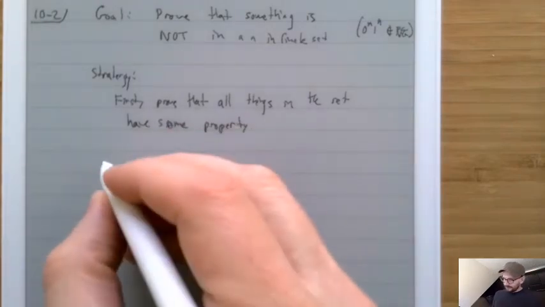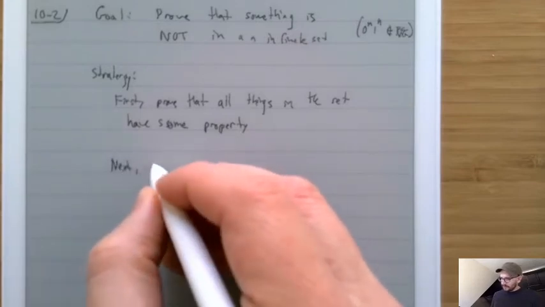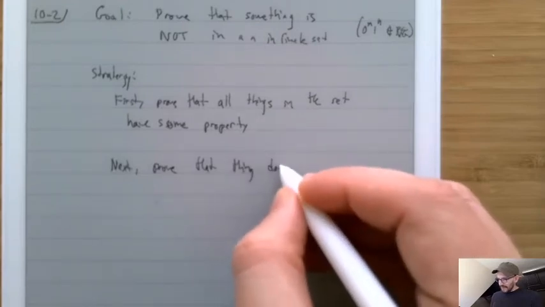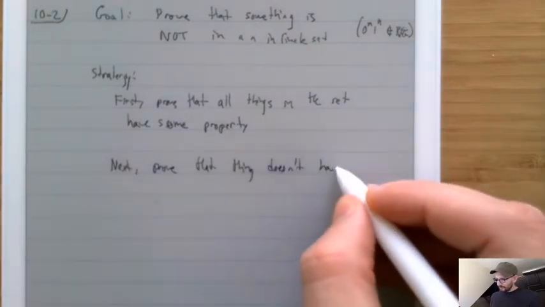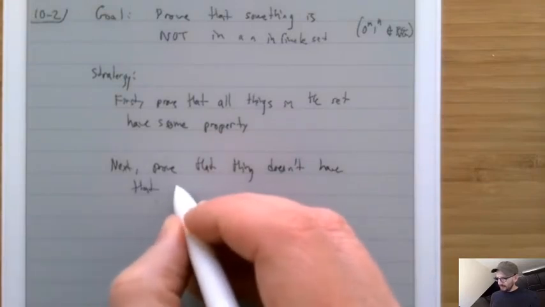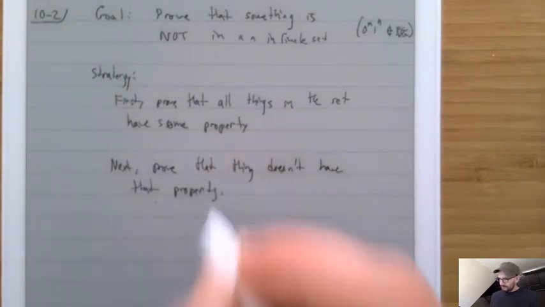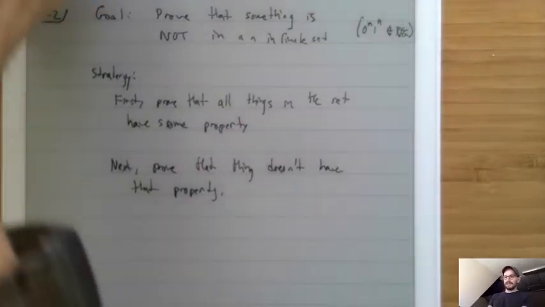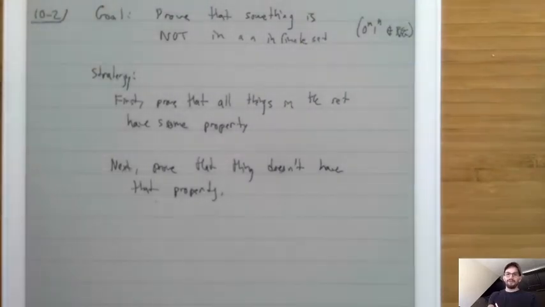Then what we do next is prove that the thing doesn't have that property. So for instance, suppose I were curious about whether my phone right here were a human. Well, I could first prove that all humans are mammals. Then I could prove that this phone right here is not a mammal. And if I prove that, then I would know that my phone wasn't a human, if there was any doubt about that.